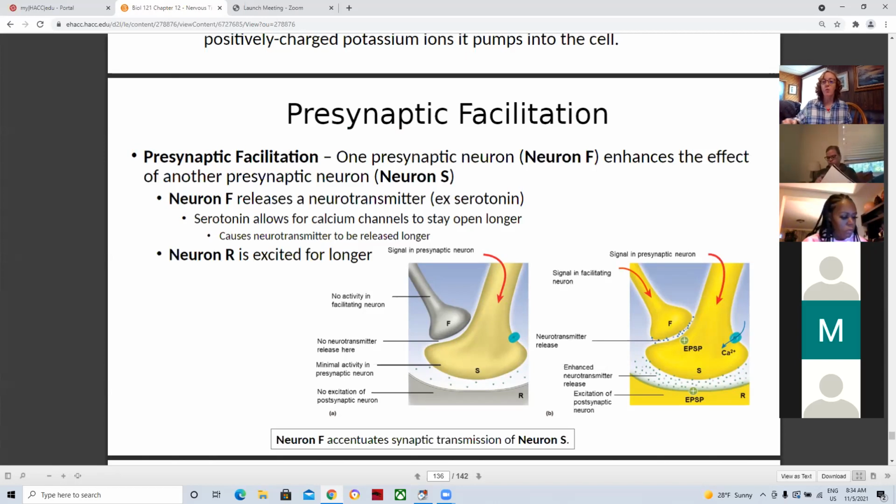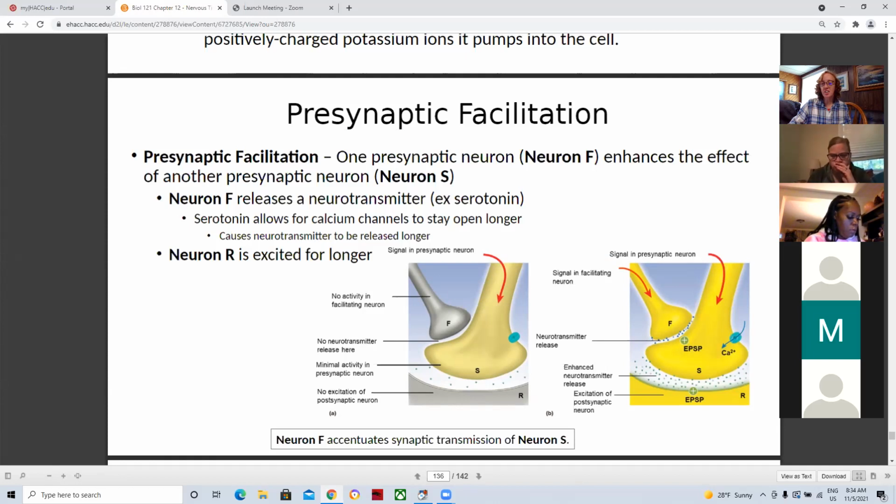So one presynaptic neuron can have an effect on another presynaptic neuron. If it's facilitating, that means it's going to be enhancing. And so it's going to have a positive influence on the first neuron.